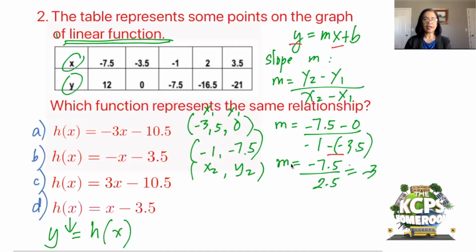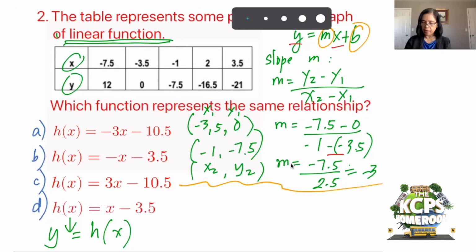Our next step, after finding the value of m, is to find the value of b. We need our b and m. So we have y equals mx plus b.